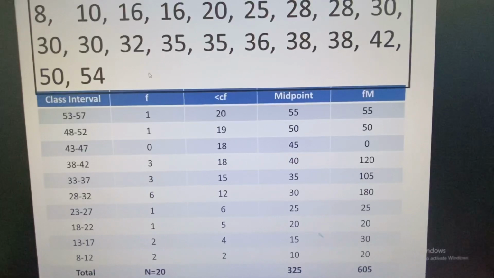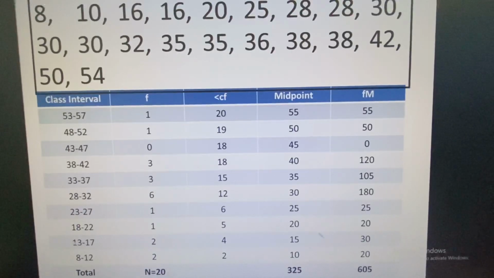Now since the interval is 5, then the lowest score here is 8. So I started here, so 8, then to 12, so meaning the interval is 5. So counting this using your fingers, so 8, 9, 10, 11, 12.